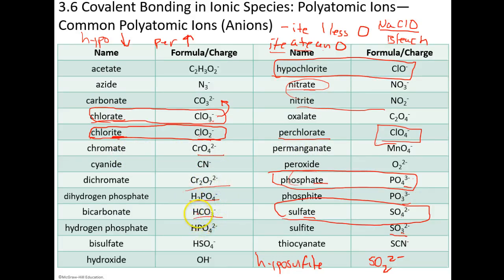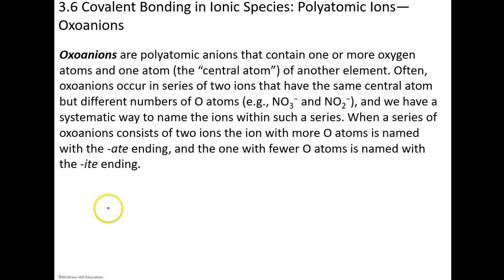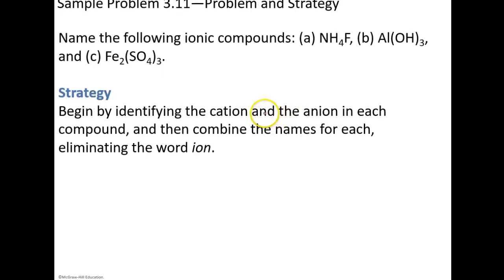Anything that has one hydrogen attached to it, you always put this bi in front of it. So bisulfate, bicarbonate, bisulfite. All right, it's not on here, but there's a bisulfite, biphosphite. Okay, so these are what's called oxoanions. They're basically polyatomics that have an oxygen in them, like nitrate, nitrite. All right, and all the rules are the same.